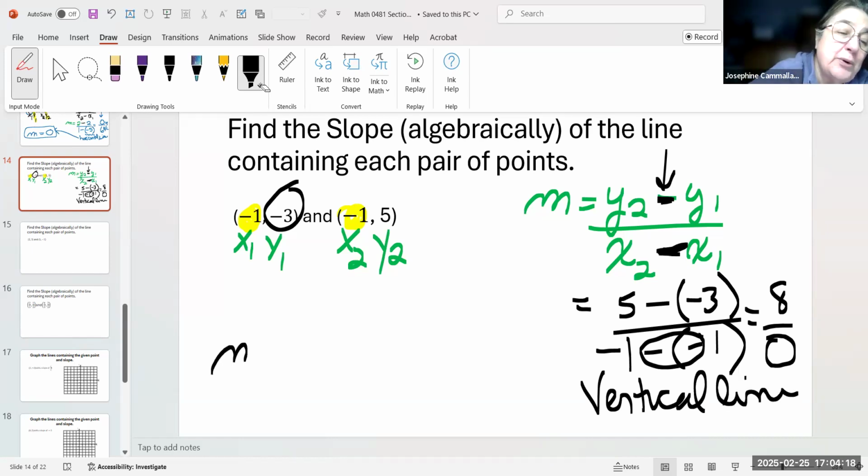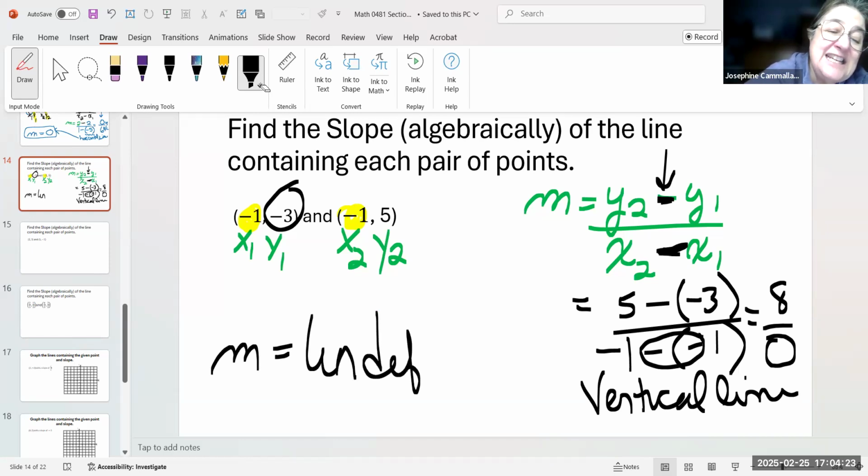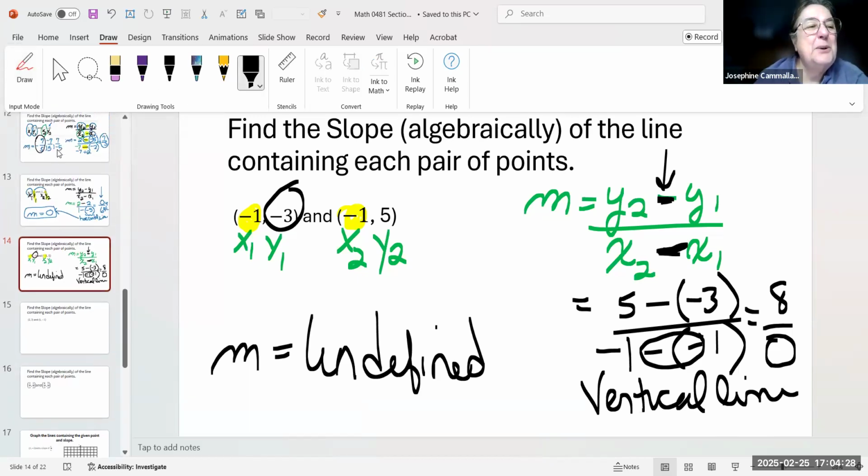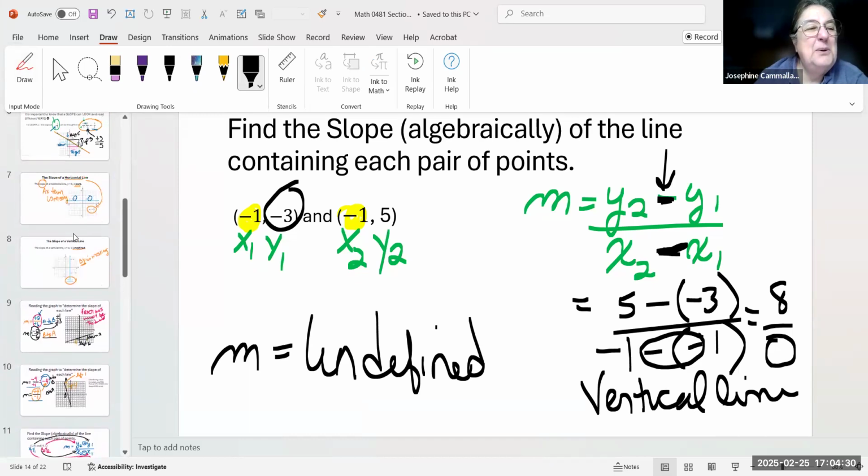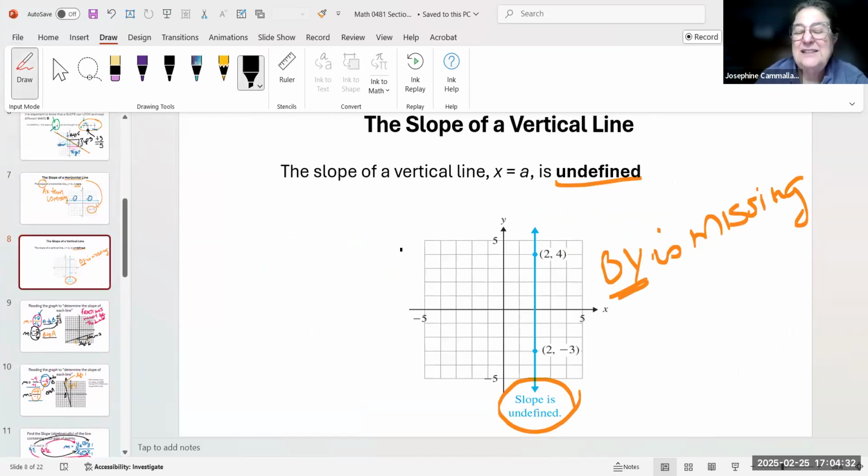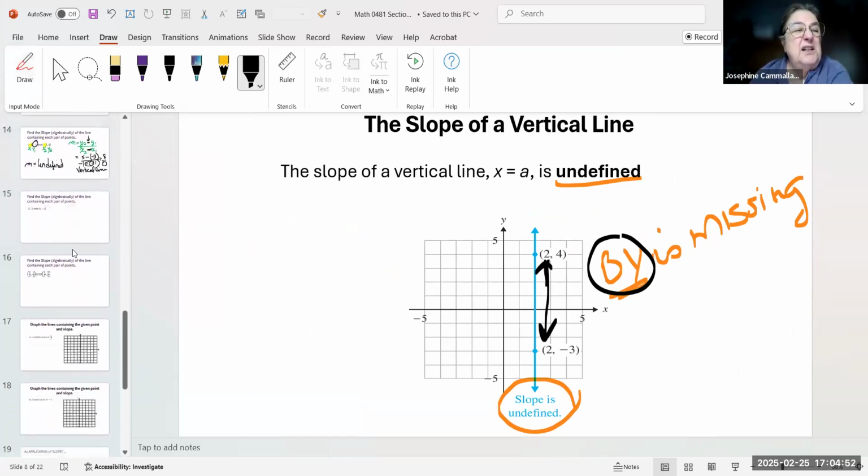And my slope is the word undefined. And notice what's missing. Notice my x values are the same, but my y values are different.